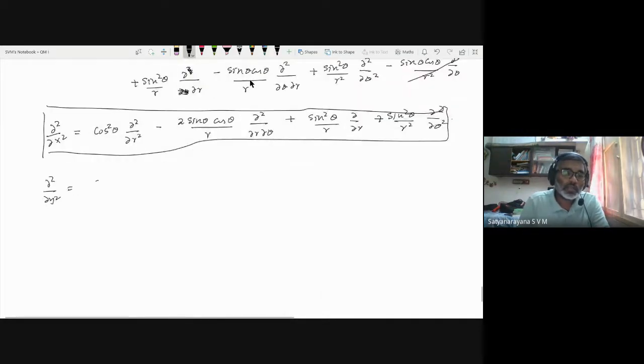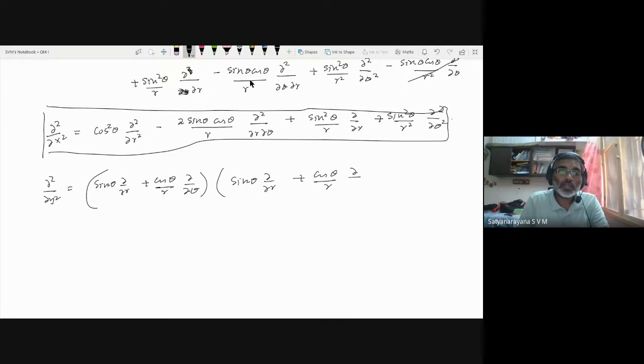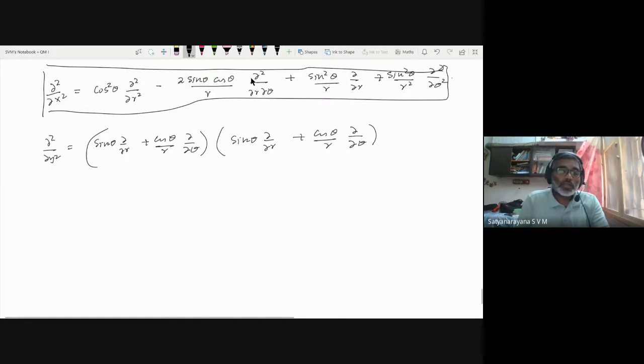So sine theta dou by dou r plus cos theta by r dou by dou theta, into sine theta into dou by dou r plus cos theta by r into dou by dou theta.